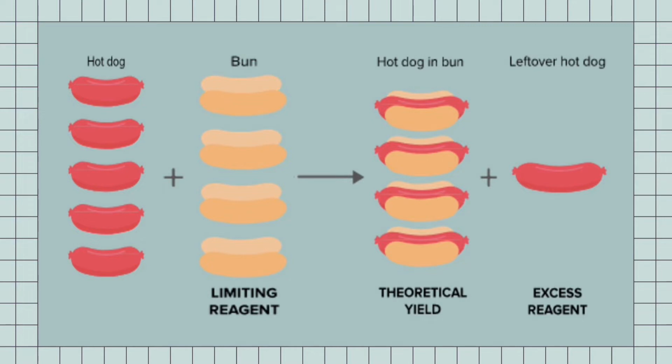Therefore, in this case, the buns are the limiting reagent, as all 4 of them are completely used up after being combined with hot dogs to make hot dogs in buns. On the other hand, the hot dogs are the reagent in excess, as after the said combination, there's still 1 hot dog left unused. Furthermore, 4 is the theoretical yield, as it is the maximum number of hot dogs in buns that can be formed out of the available materials or foods.